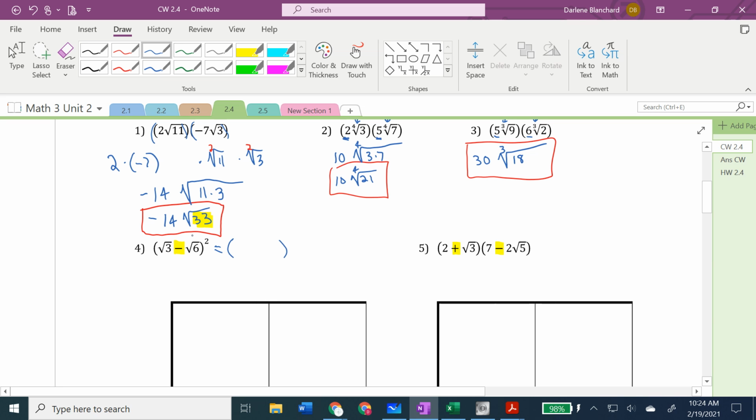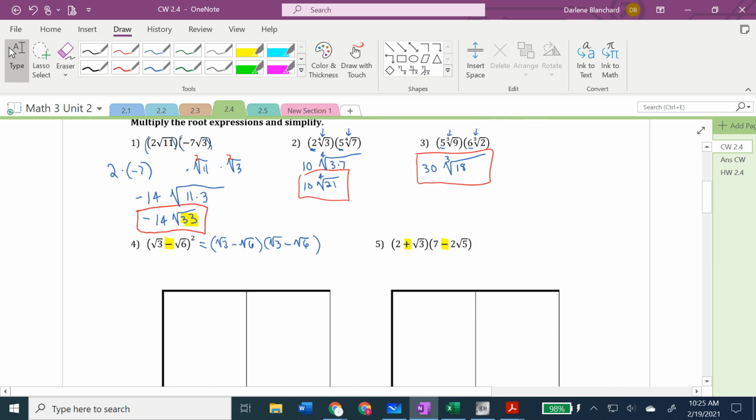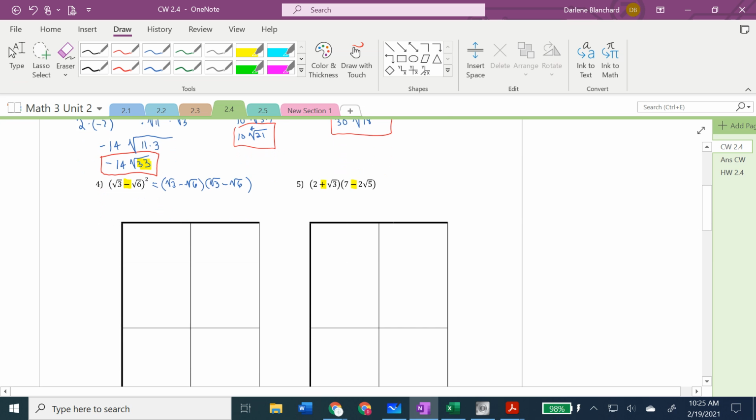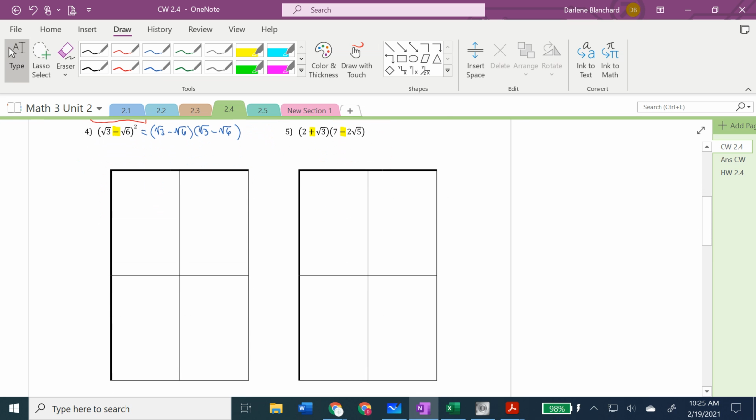An exponent will not distribute over addition subtraction. You need to write out the two parentheses. And then realize that you have to do a big distributive property. Most people will make fewer mistakes if they do the box multiplication. So I'm going to recommend that you do the box multiplication.